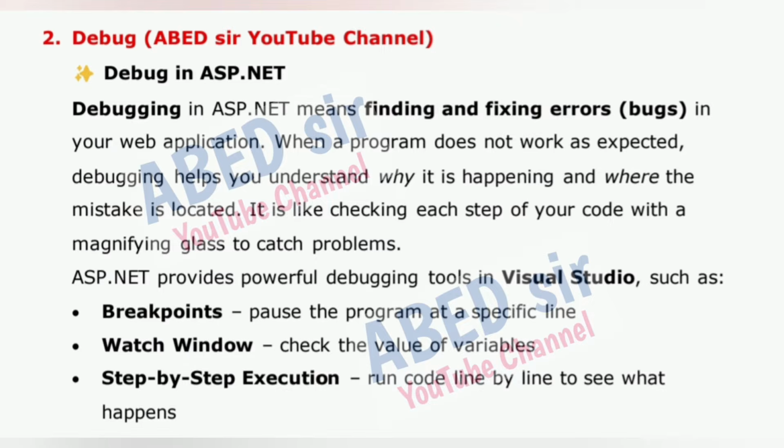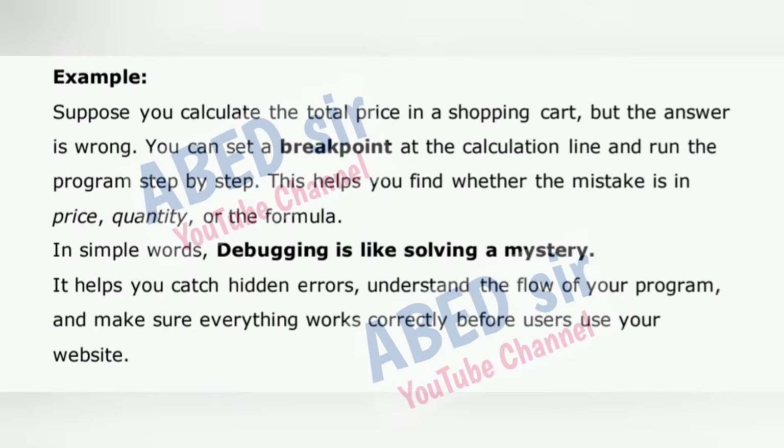It is like checking each step of your code with a magnifying glass to catch problems. ASP.NET provides powerful debugging tools in Visual Studio, such as breakpoints, pause the program at a specific line. Watch window, check the value of variables. Step-by-step execution, run code line by line to see what happens.